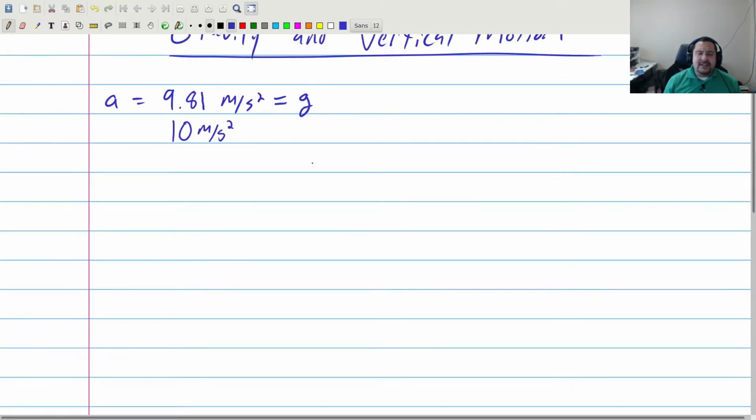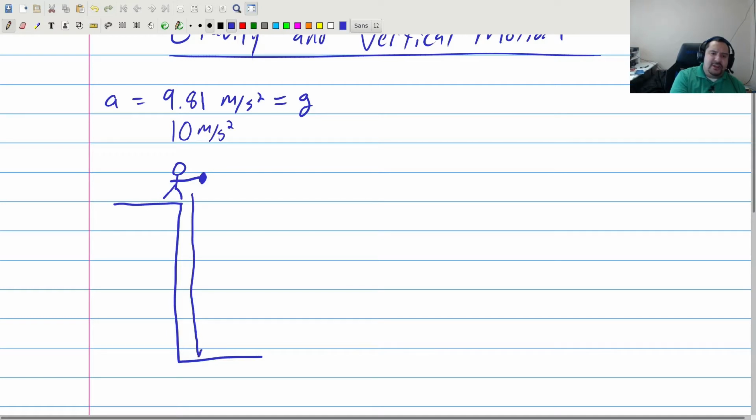For instance, let's take a classic example. Let's say that there's somebody standing on, I don't know, on top of a cliff here or something, and they're holding a ball, and the distance here happens to be, I don't know, let's make it 4 meters.